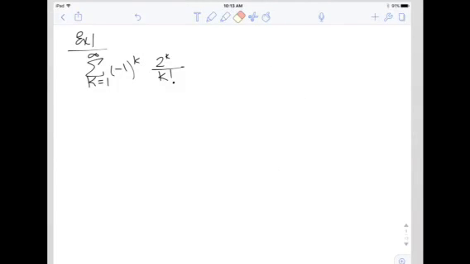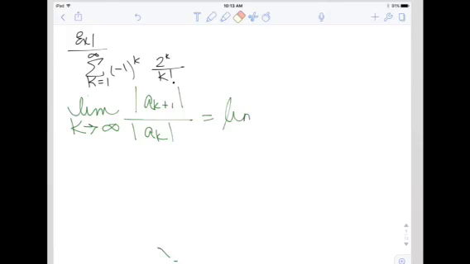So using that here in example 1, we will take the limit as k approaches infinity of the absolute value of a sub k plus 1 over the absolute value of a sub k and see what happens. So that means we will be really just taking the limit of this without the negative 1.